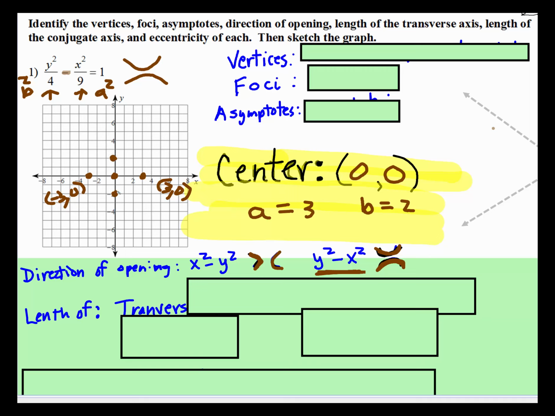Now, one thing that is different from every other shape is what you do with those vertices. You're going to sketch an invisible rectangle.